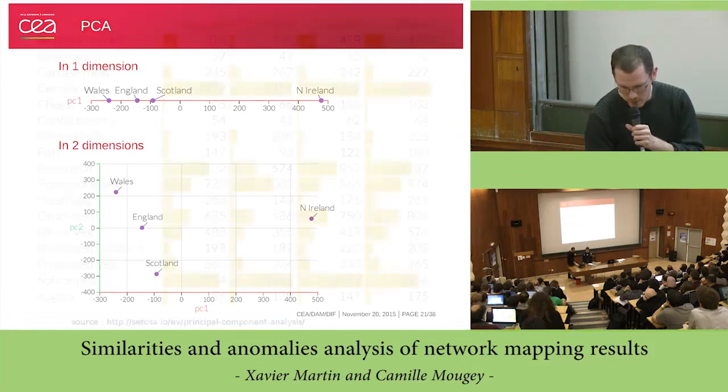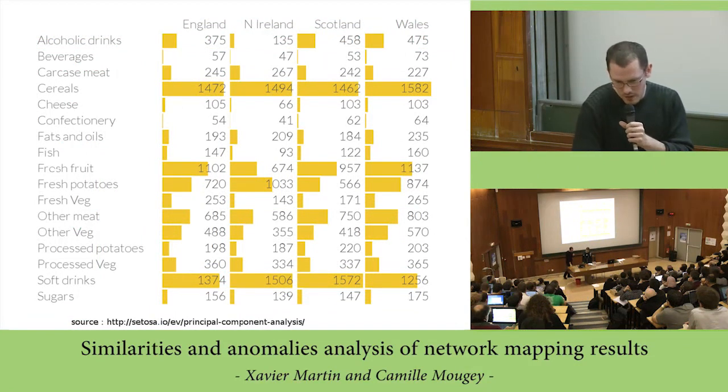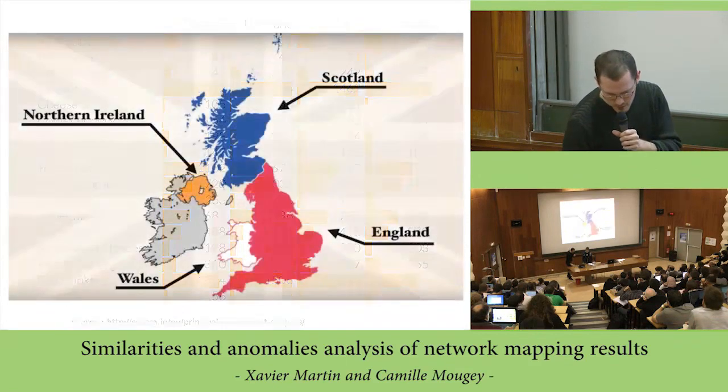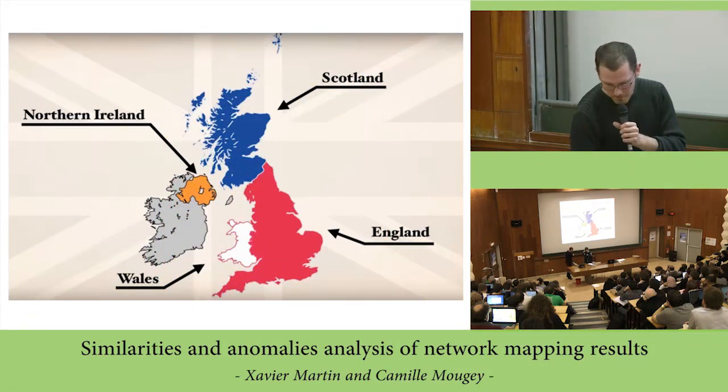That can be explained, if you look back at the chart here, by the fact that Northern Ireland people eat way more fresh potatoes than the others, and way less fresh foods, fish or alcoholic drinks. And for those of you who are as bad at geography as I am, it's fun because Northern Ireland is the only country of the United Kingdom which is not on Great Britain.